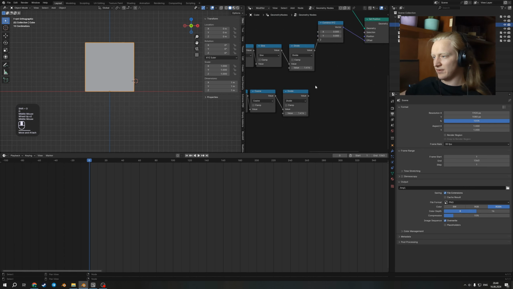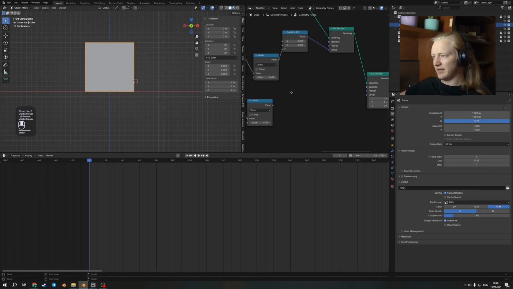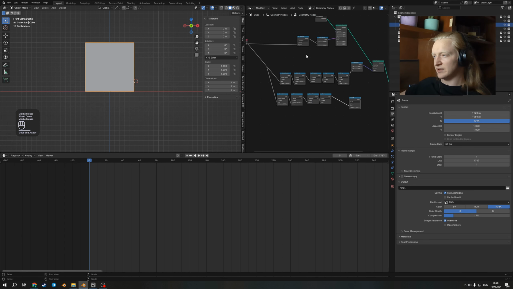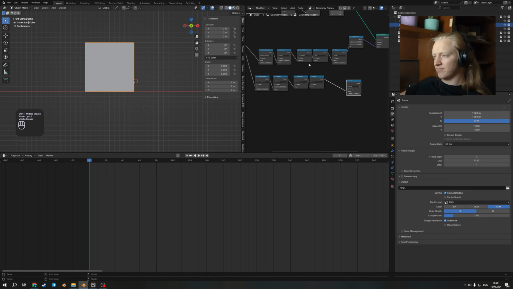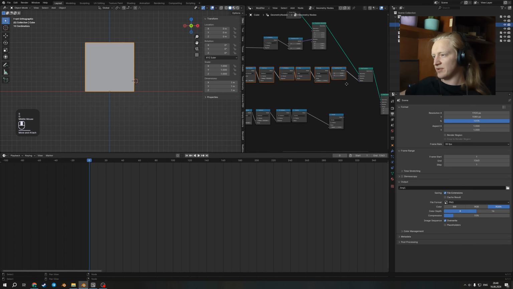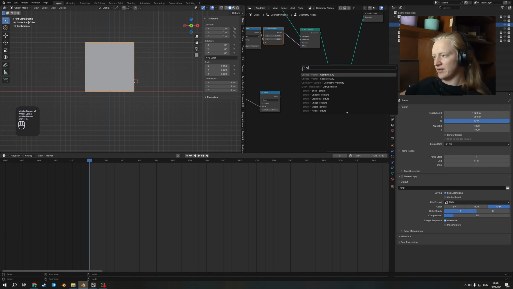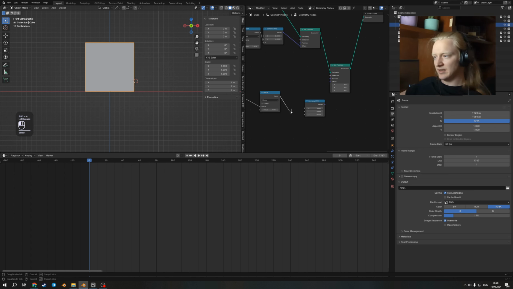We could plug it back here, but I like it to be a bit more separated, just to have easier to understand separation between rotation, offset, another offset. Let's add XYZ, combine XYZ node, and offset on x-axis. Let's see how it looks.